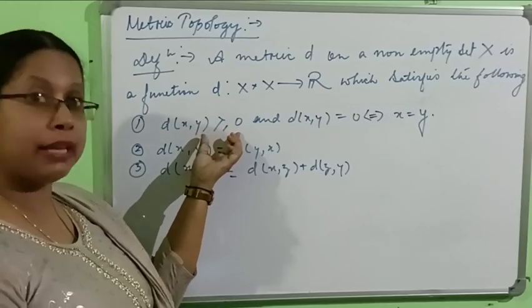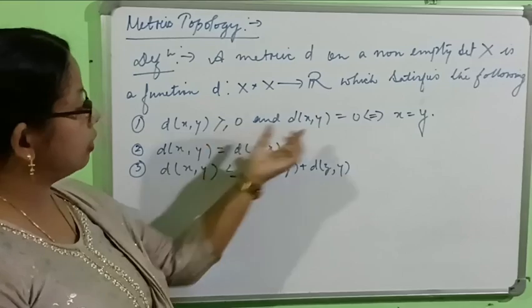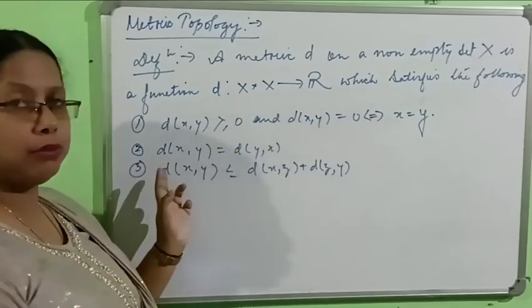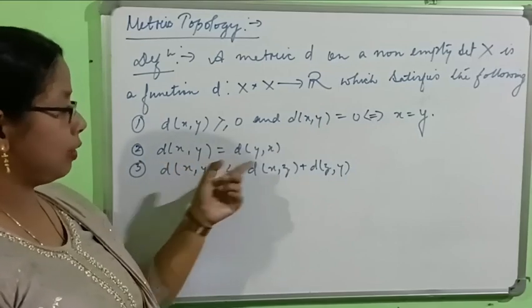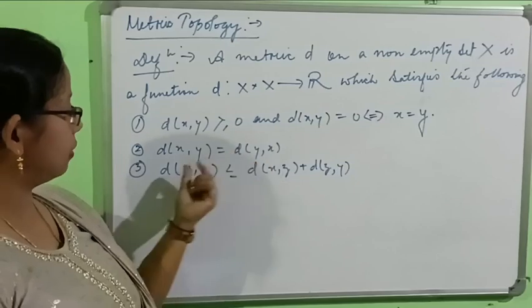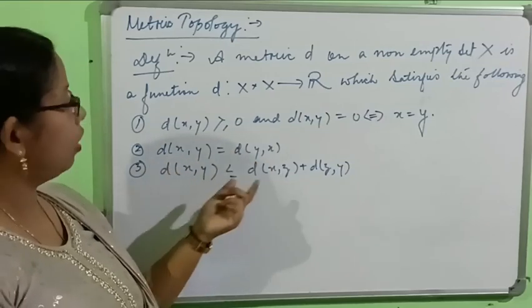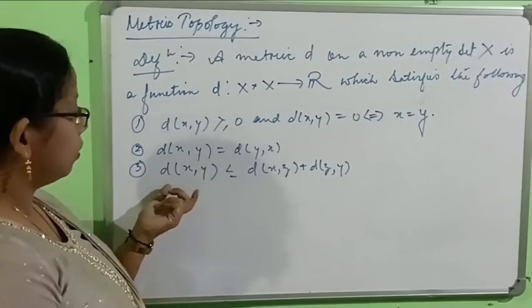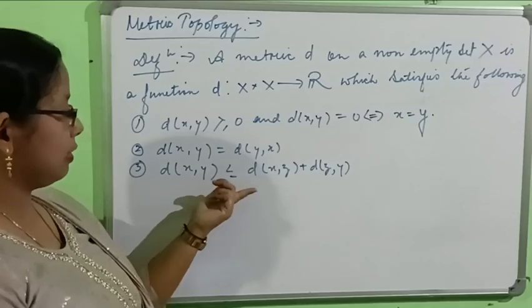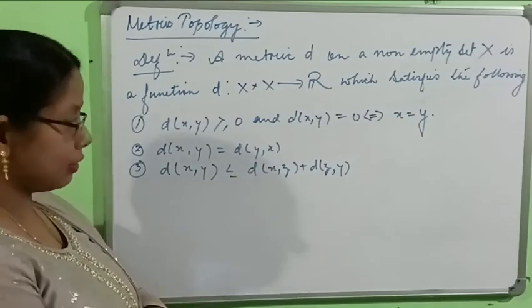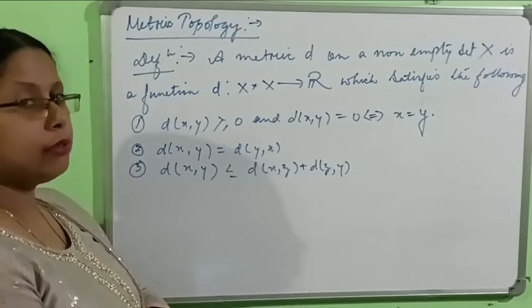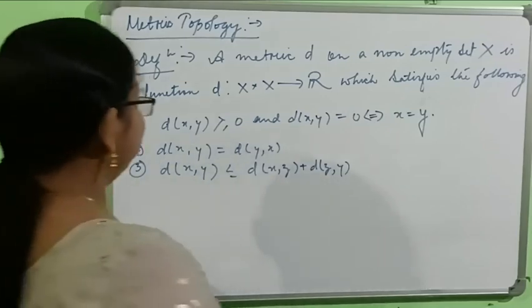This is non-negativity, and d(x,y) equal to 0 if and only if x is equal to y. d(x,y) is equal to d(y,x), that is, distance between x and y is equal to distance between y and x. This is symmetry. Distance between x, y is less than or equal to distance between x, z plus distance between z, y. This is called triangular inequality.